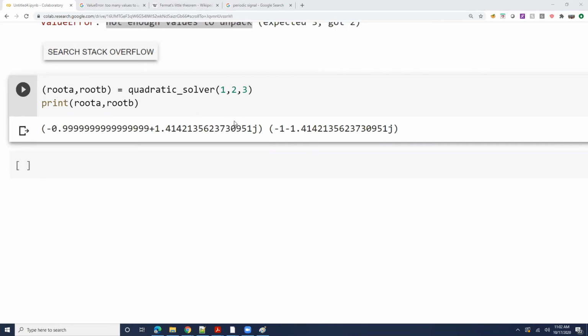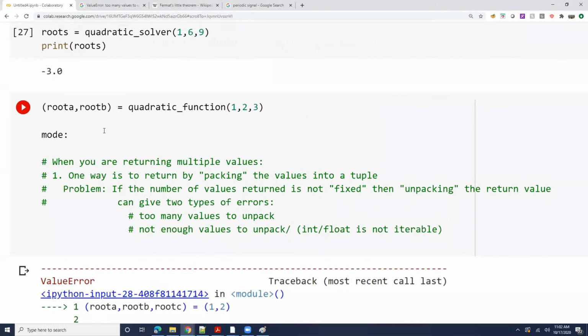Prince has a good question. Are there any other functions that have more than one output? I can think of only a few, like mode. So if these are the numbers in a list, what's the mode of this list of numbers?